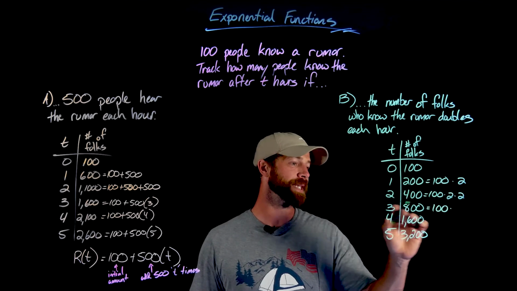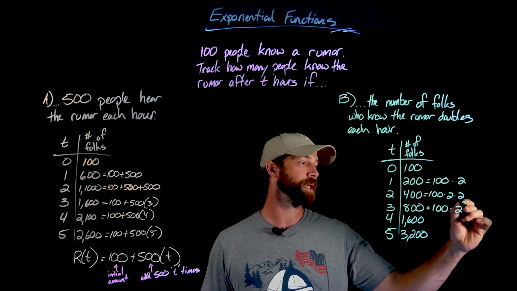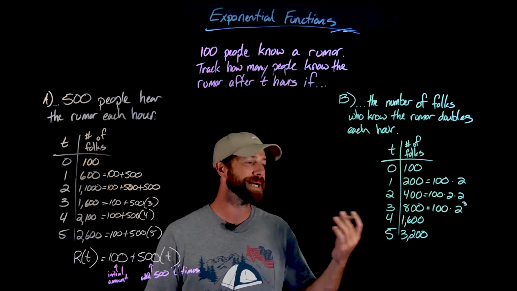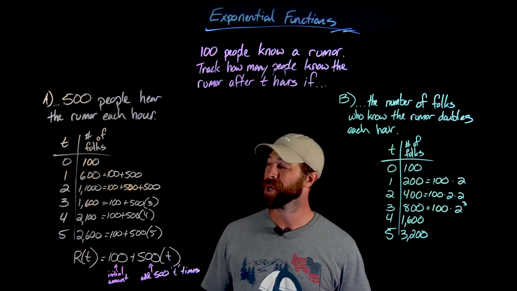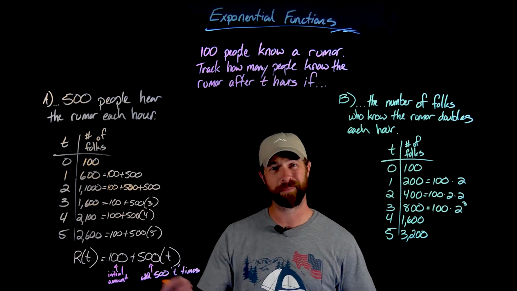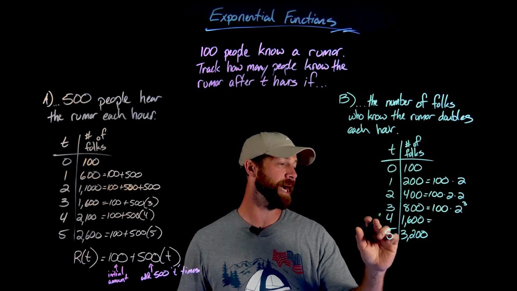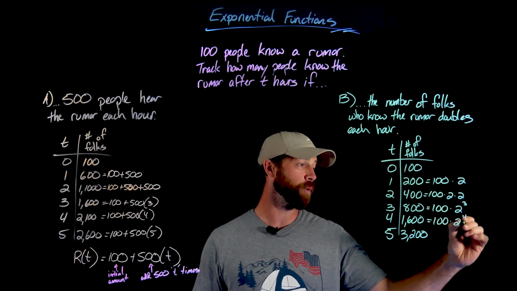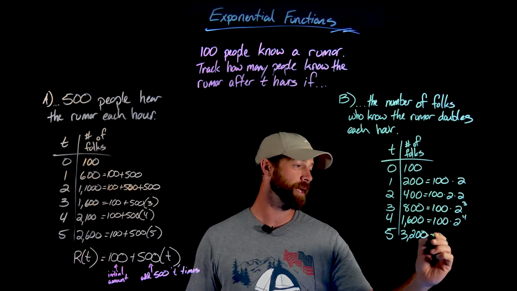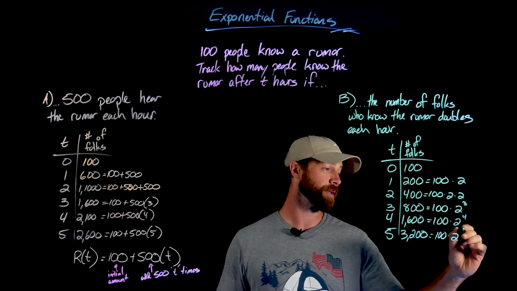So in this case right here, I would think of this as 100 times 2 three times, or 2 to the third power, because again, repeated multiplication is denoted by exponents, repeated addition is denoted by multiplication. And then continuing this trend, in hour 4, we would have 100 multiplied by 2 four times, and for hour 5, we would have 100 times 2 to the 5th.